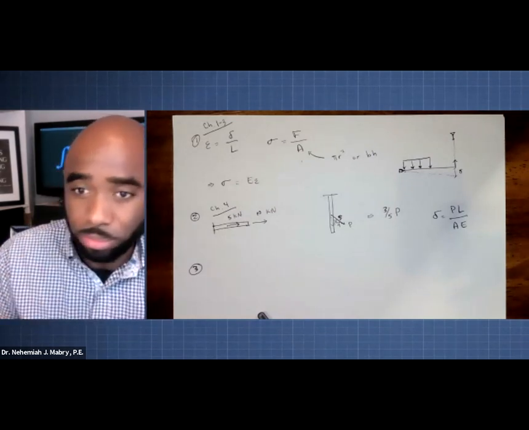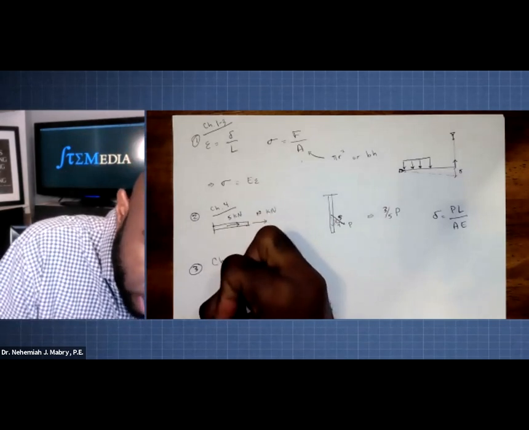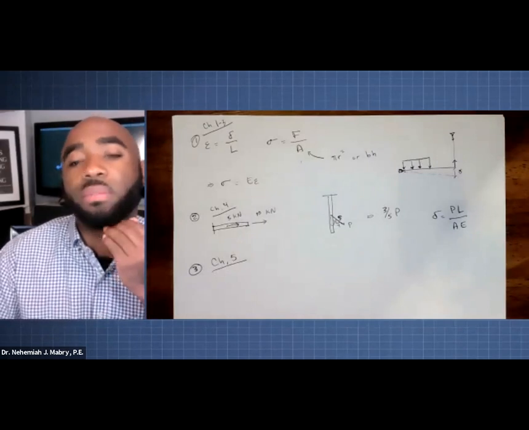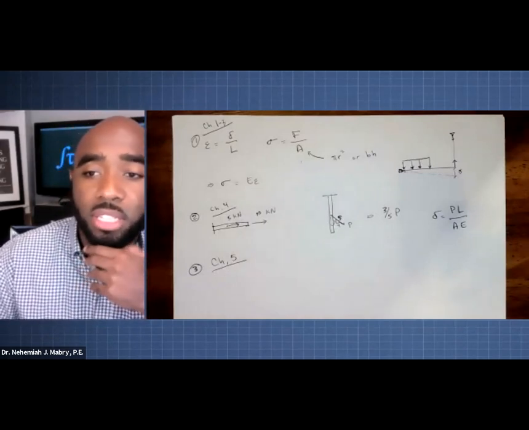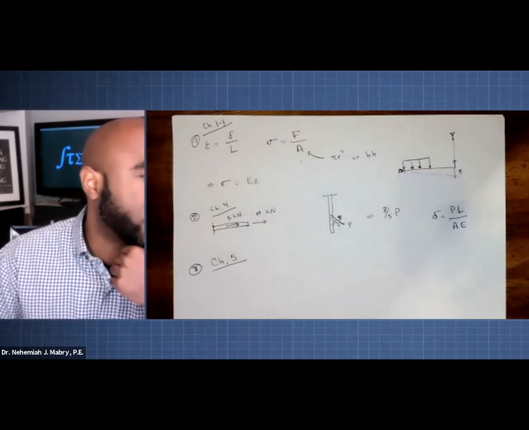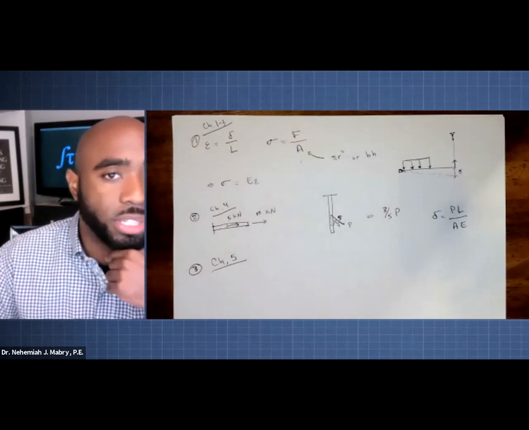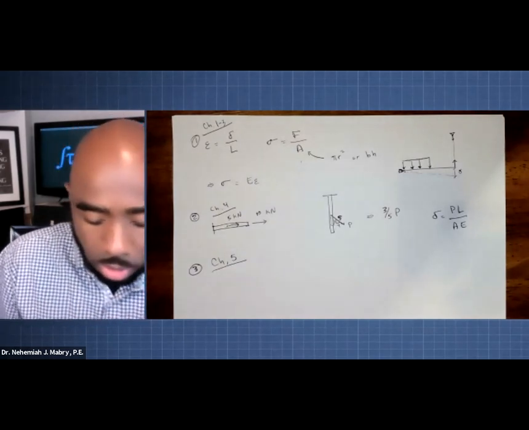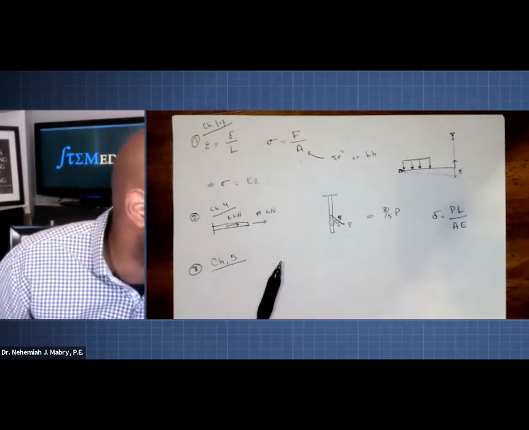Next, you're going to need to make sure you understand how to do a problem out of chapter 5, which is shearing stress, strain, rotations, and torsion. Very similar to the axially loaded members.